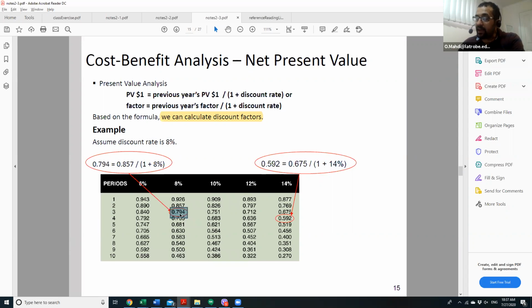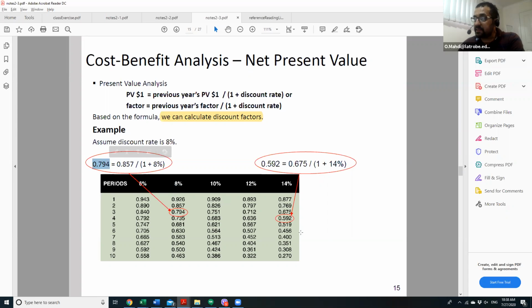I take the present value of the previous year, 0.857, divided by 1 plus 8%, which is the interest or discount rate. I will get 0.794. This is the net present value.